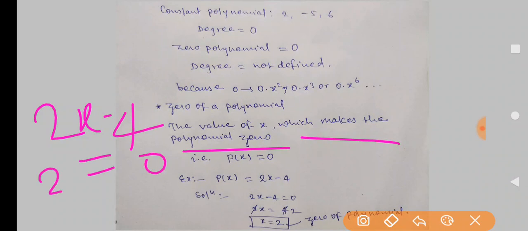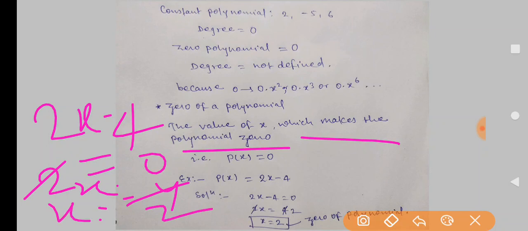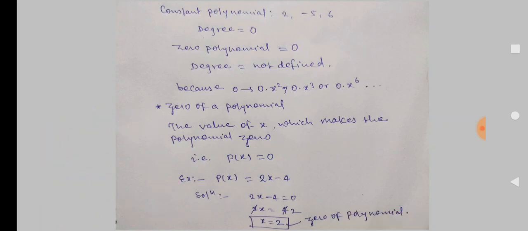Then we get 2x equal to 4, so x equal to 2, which means 2 is the zero of this polynomial. That means if we put 2 in that polynomial, then it will be 0. So this is the zero of the polynomial.